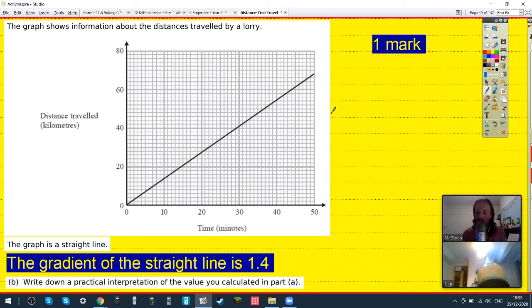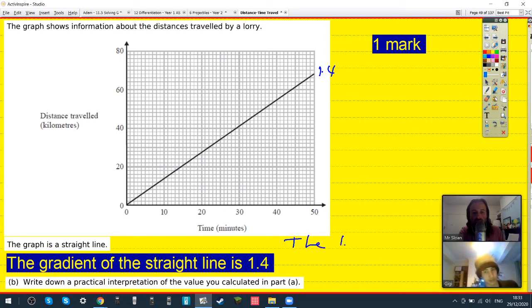No. So basically for this, there was part A that we previously did, and the answer was 1.4. What does that represent? What would be the unit for the 1.4 gradient? Kilometers per minute.